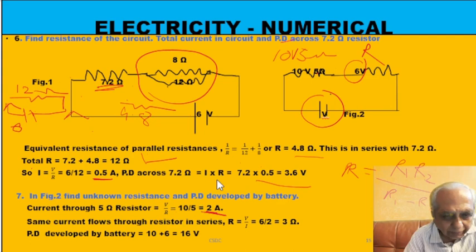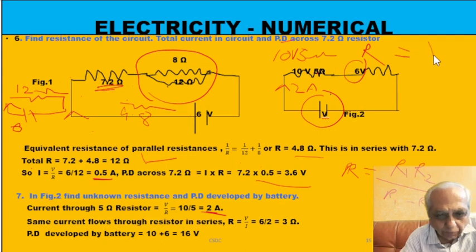Now here the current is 2. These two are in series. In series, current remains the same. So here also current is 2, voltage is 6. So I come to know R. R is equal to V upon I. V is given to be 6 volt, current is 2 ampere, so resistance is 3 ohm.